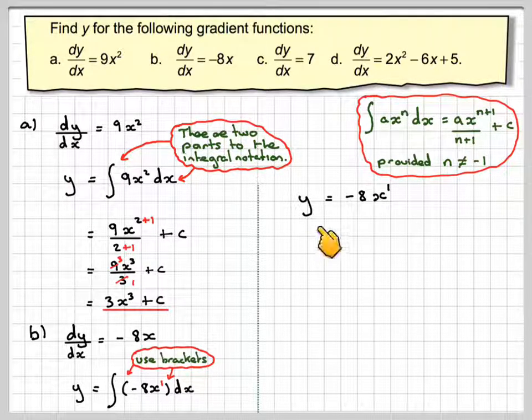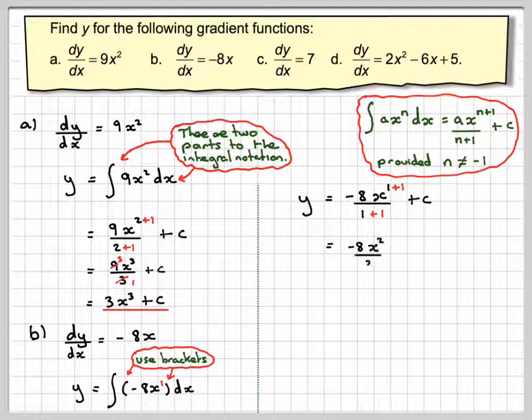So that will become y is equal to minus 8x to the minus 1. Applying this, add 1 to the power, and then divide by the new power, 1 plus 1, plus c as a constant of integration. So that equals minus 8x squared over 2 plus c. 2 goes into that twice and into minus 8 4 times, so we end up with minus 4x squared plus c.